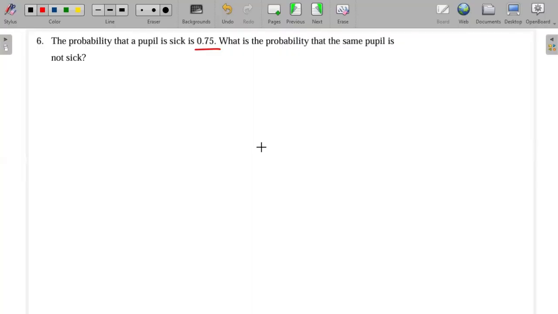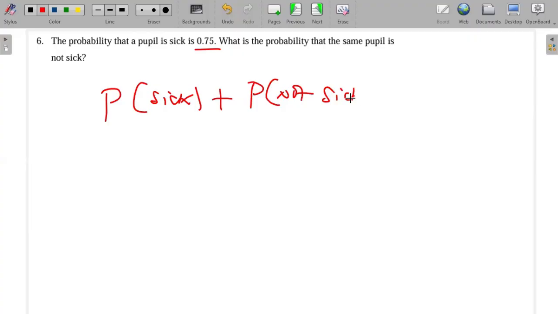So when you add the probability of being sick and the probability of not being sick, it should give you 1. Okay, so I'm going to say the probability of sick plus the probability of not sick should give you 1. So if this is 0.75, then what is the probability of not sick?